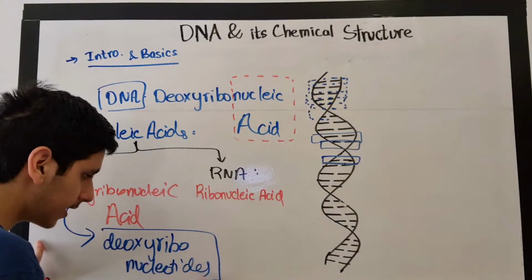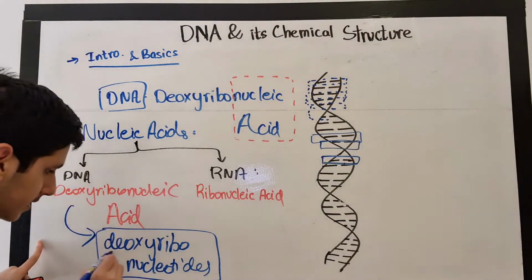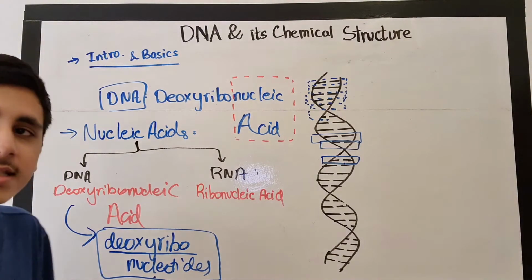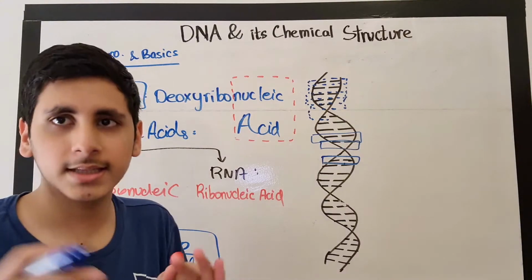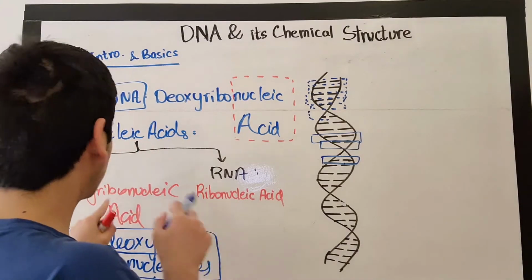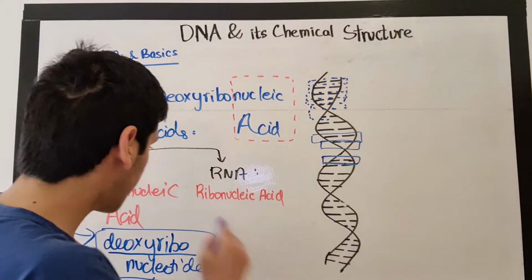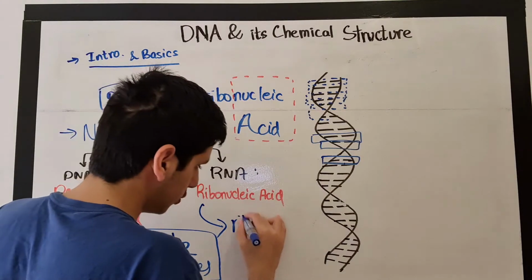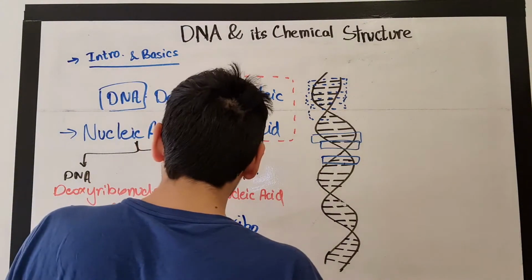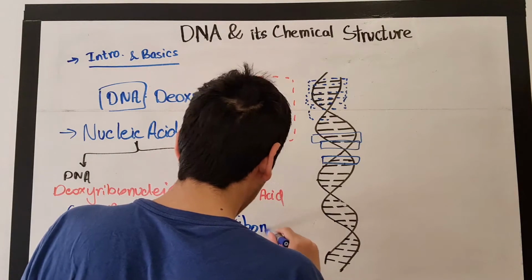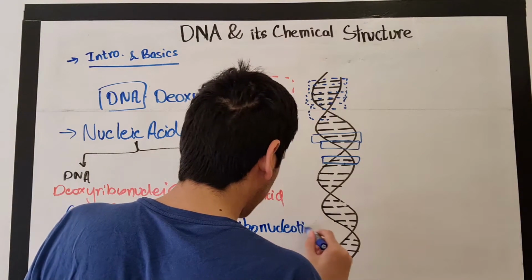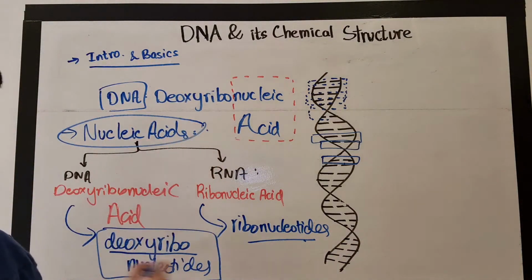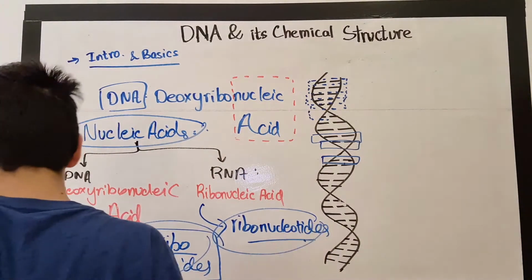So we prefix deoxyribo in front of nucleotide, because nucleotides differ in chemical structure between the two kinds of nucleic acids. That's why we want to be more precise. And so ribonucleic acid, as you would guess, is composed of ribonucleotides. So two kinds of nucleic acids, two kinds of nucleotides.